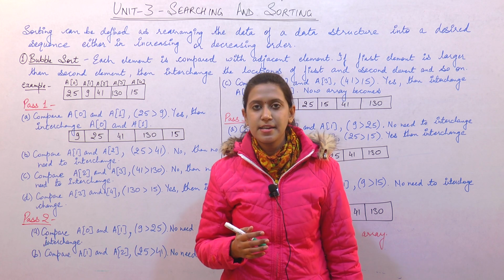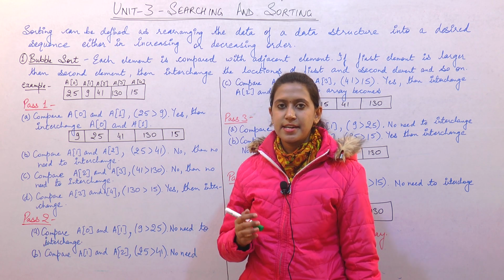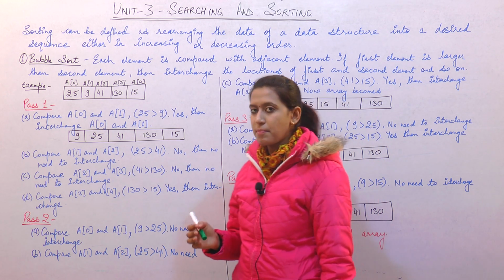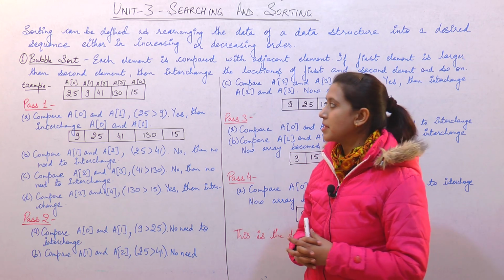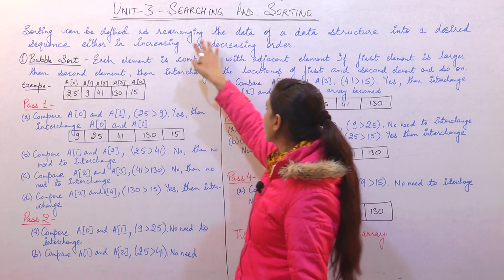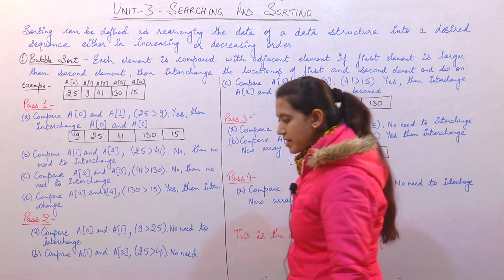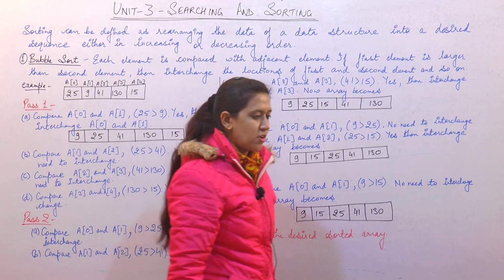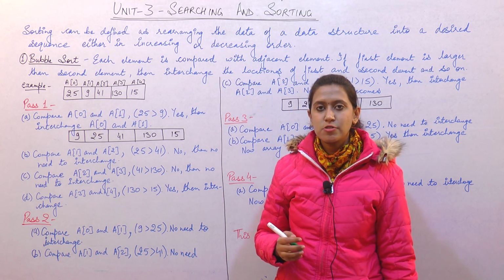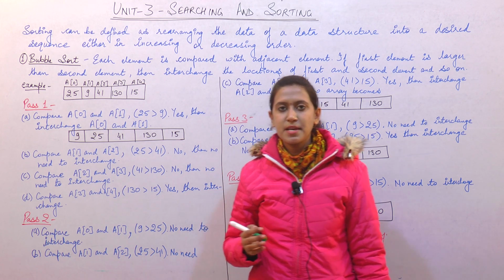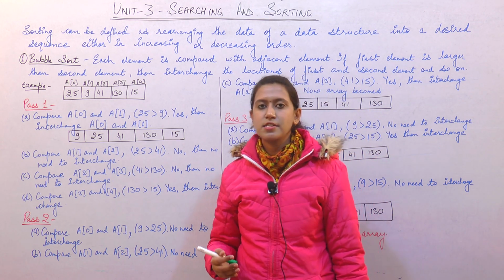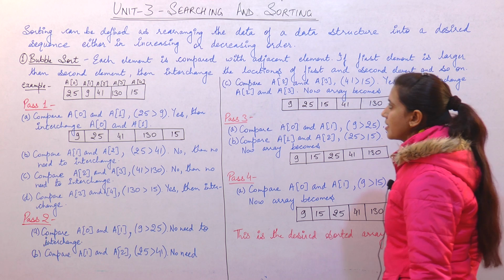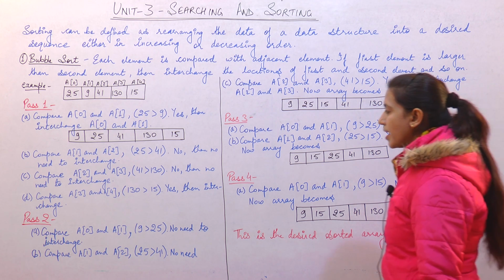Arranging that unsorted data into a proper sequence, meaning the data should be either in increasing form or in decreasing form, is known as sorting. So this arranging of data in a sequence is known as sorting.